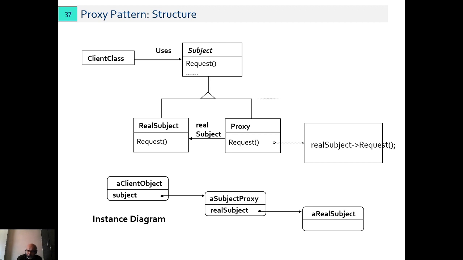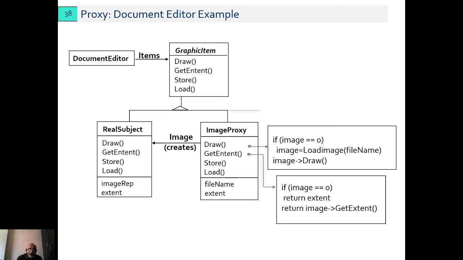The client and the proxies, right? So, moving ahead, the document editor has graphic items, which has the real subject as draw, get, intent, store and load. And image representation and extent has been there.